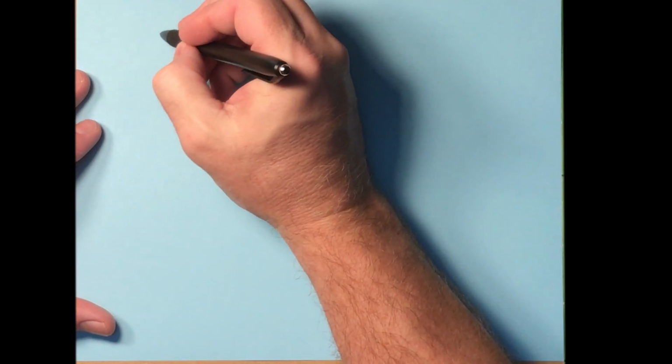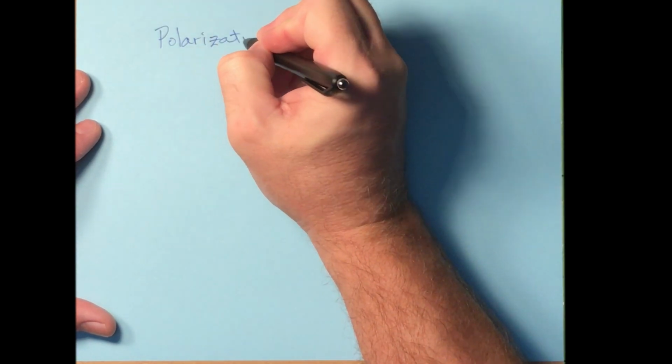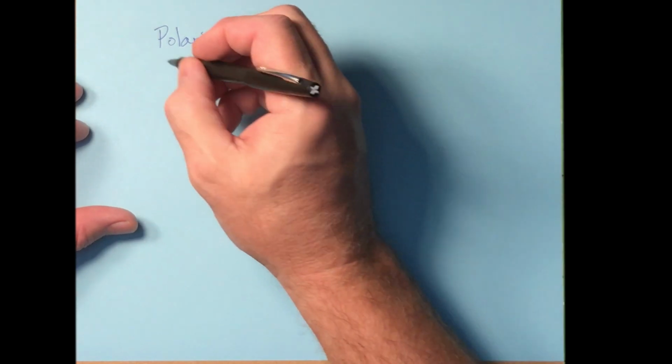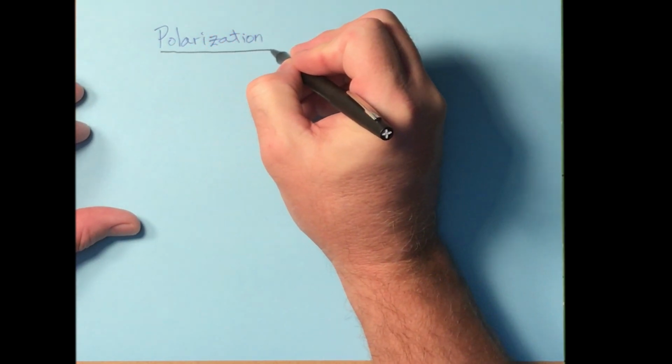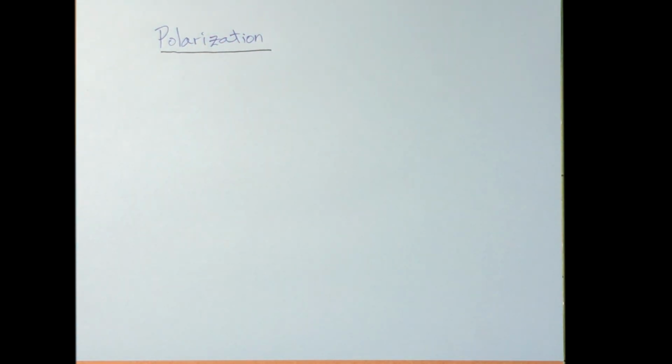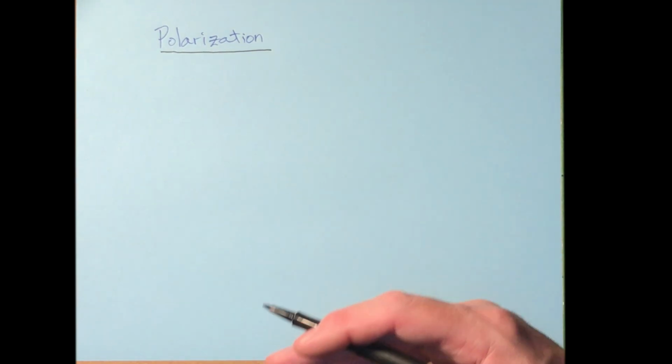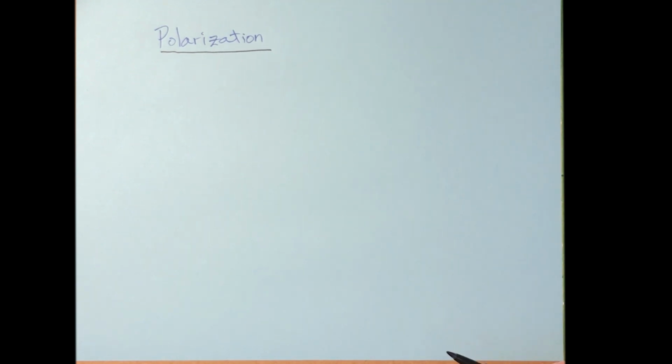Let's go on now and talk about polarization. When it comes to measuring the oscillation of electromagnetic waves, the electric field is usually more easily measured than the magnetic field. So whenever we talk about polarization, we're going to talk about the E field vector of an electromagnetic wave.